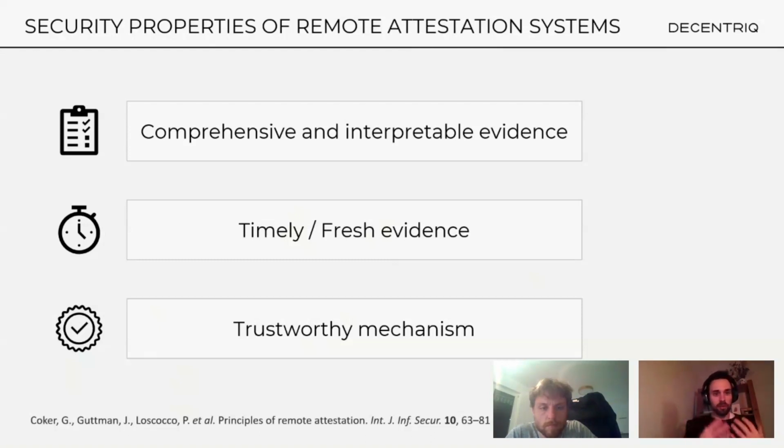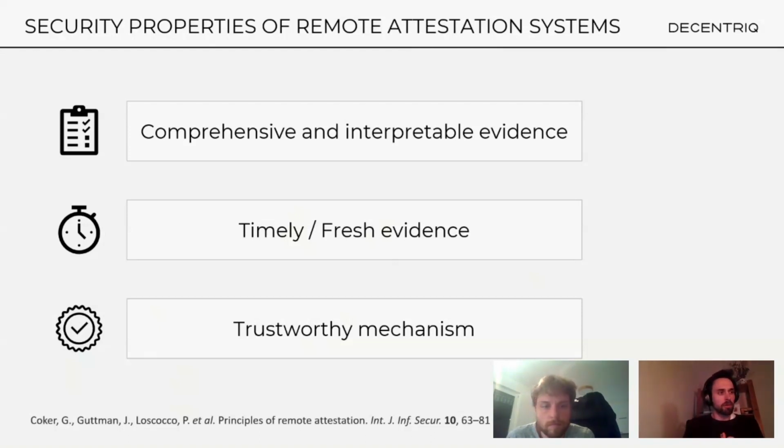This evidence that we get should also be valid at the time of verification. So we need some kind of timeliness or freshness system. And finally, the mechanism by which attestation is performed should be trustworthy.